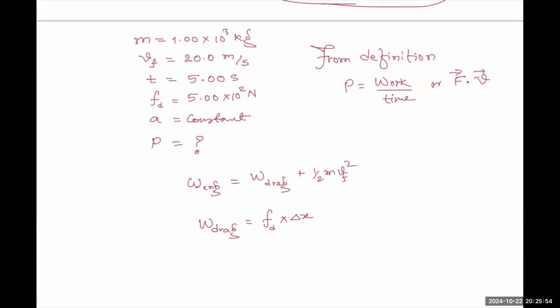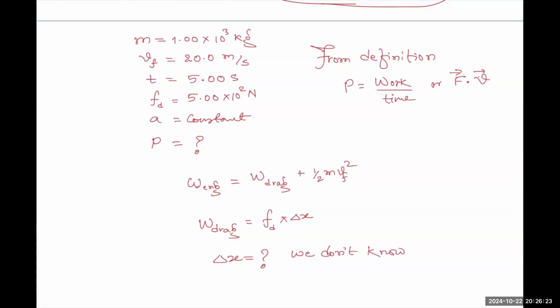Simple definition, force times displacement. Make sense? But this drag energy is what is being lost. So now do I know delta x? We don't know, right?